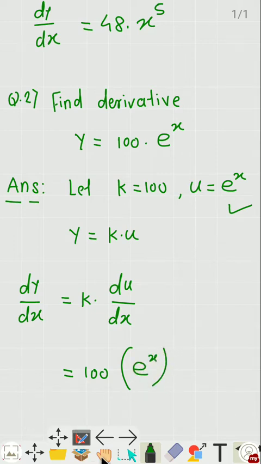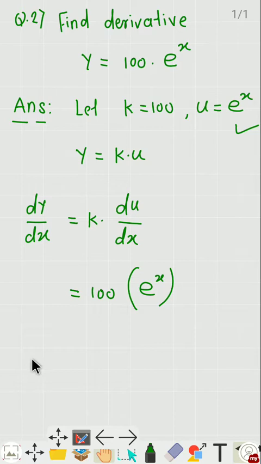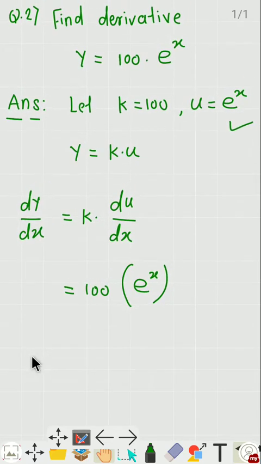So derivative of given function y is dy by dx is equal to 100 times e raised to power x. Okay, see here. So this is the way of writing the derivative of scalar multiplication of a function.